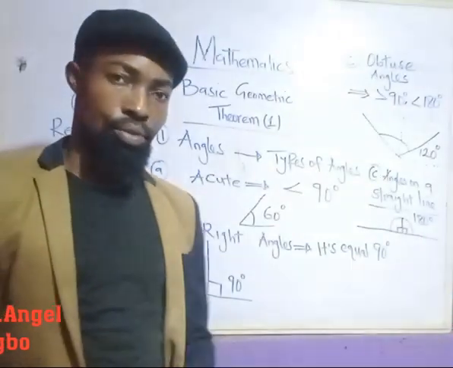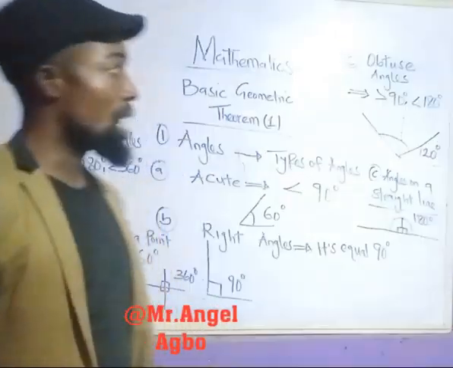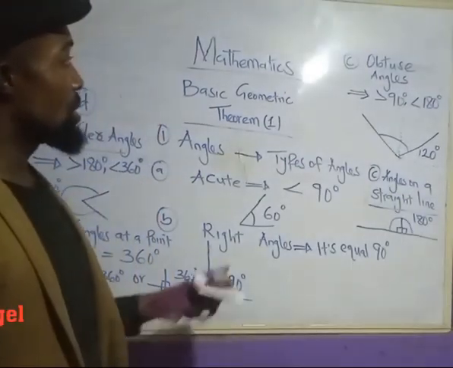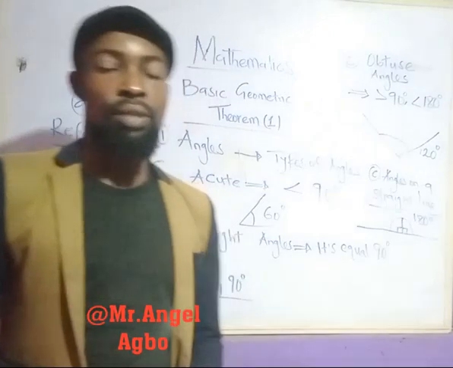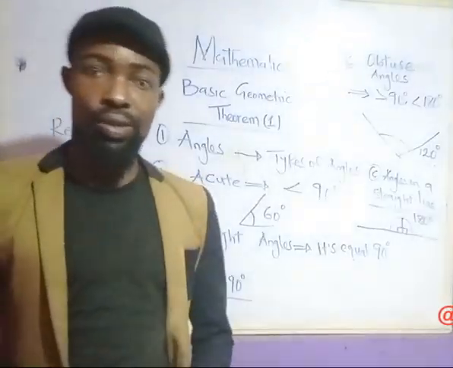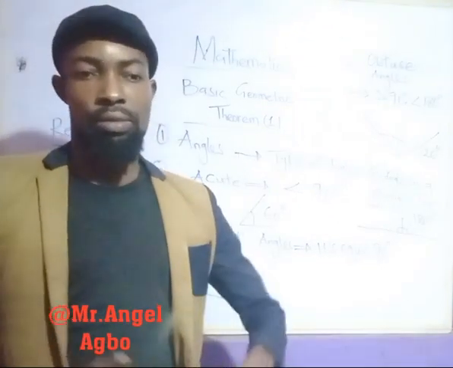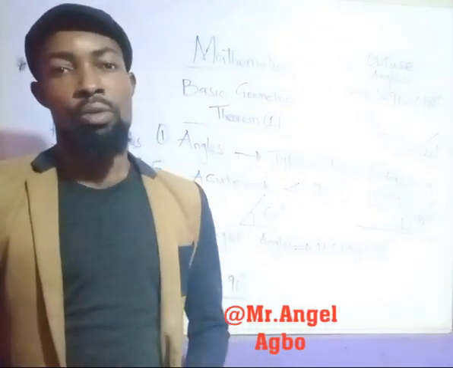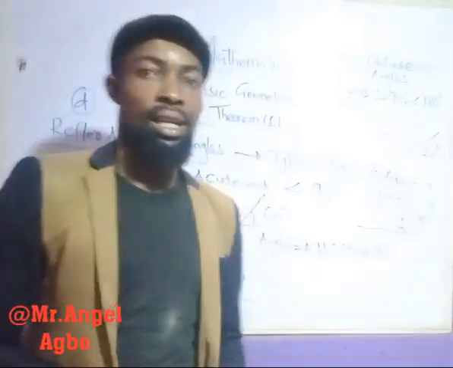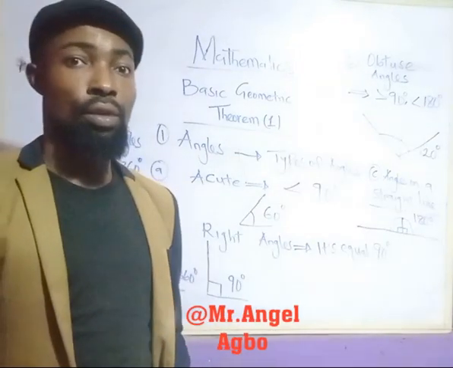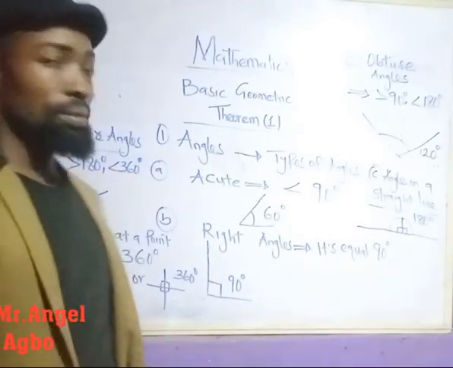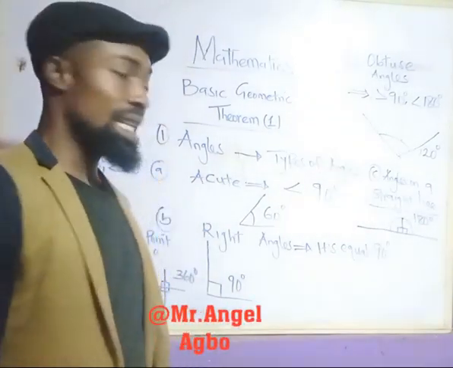They come with proof, just like I told you that in geometric theorem or theoretical geometry, we prove based on the facts of cases instead of using measurements. Instead of using measurements, we prove the facts theoretically.